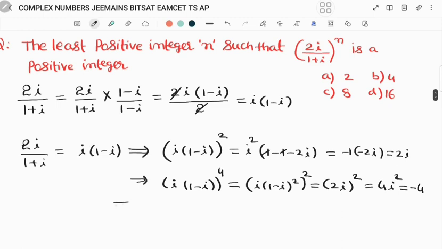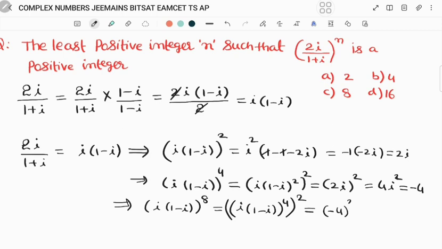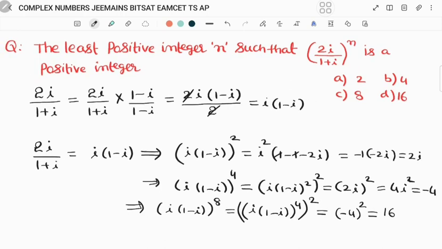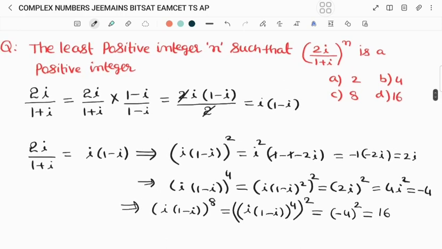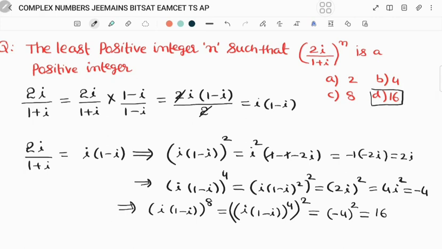So now what I am going to do is take i(1 minus i) whole power 8. That means i(1 minus i) whole power 4, whole square. So i(1 minus i) whole power 4 value is minus 4, whole square. That is equal to 16, a positive integer. I hope you understand, students.